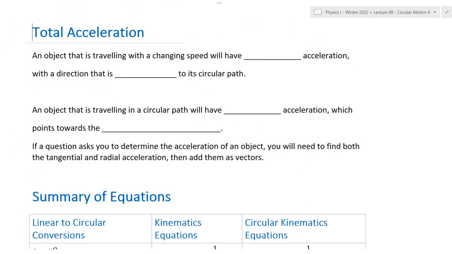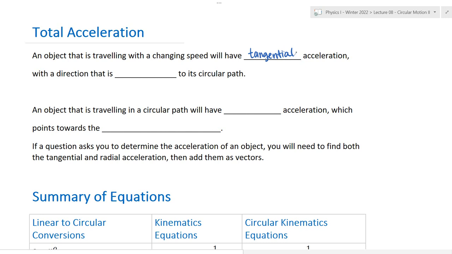All right, next I'm going to introduce total acceleration. An object that is traveling with a changing speed will have what type of acceleration? What did we talk about in the previous slide? If the speed keeps changing, then it's going to have a tangential acceleration. Tangential acceleration is similar to the acceleration you're already used to from previous lectures.